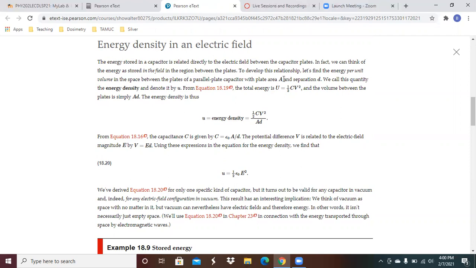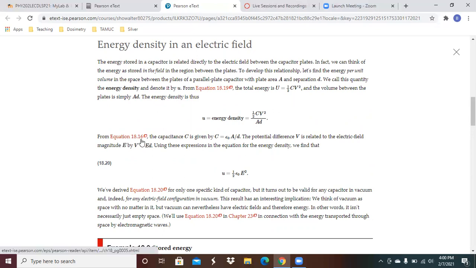Those plates are going to have an area of A, which we've seen before, and a separation of d. And we're going to call this quantity the energy density, and we're going to denote it by u. We know what the total potential energy is, and we know the volume is basically the area times the distance of separation. So the energy density is going to be the energy divided by the volume.